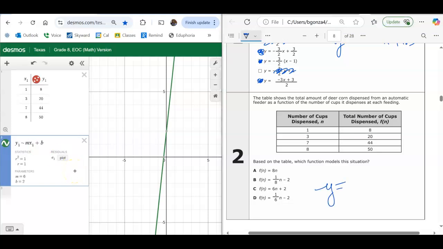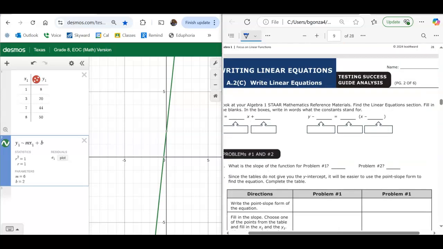Y equals mx plus b, which is 6x plus 2. Cool. So my answer has to be C. I know it's not x, but the variable is n, and it works out, okay? So hopefully you've got one of the answers right on the first one, but it's got to be 3. Number 2, hopefully you got that one pretty straightforward.